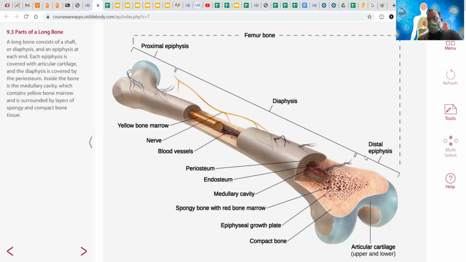And then we also notice we've got a couple of blood vessels. Remember, blue always signifies the blood that's low in oxygen, typically venous blood, and red always symbolizes blood that's high in oxygen, typically referring to those as being arteries. Again, we do have a couple of exceptions that we'll see later on. Okay. Blood vessels, that's good, right? We need blood vessels going into and out of bone.